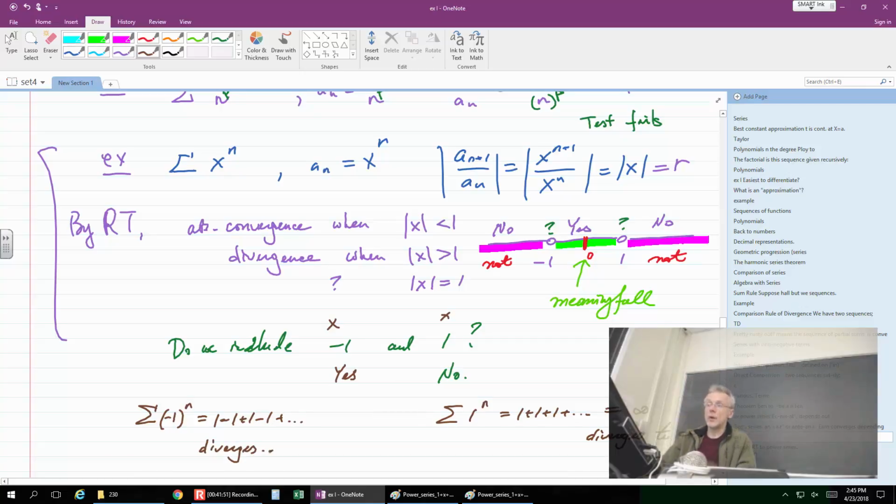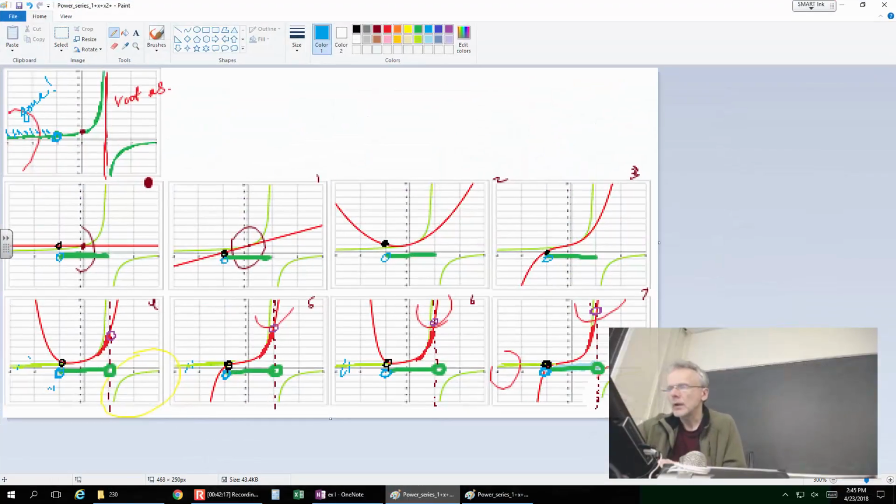It does not go to infinity; it appears to oscillate between 1 and 0. If you look at the partial sums, it will be 1, 0, 1, 0, 1, 0, and so on. So it is certainly divergent, but it's not going to infinity. I guess that's what we're seeing here.